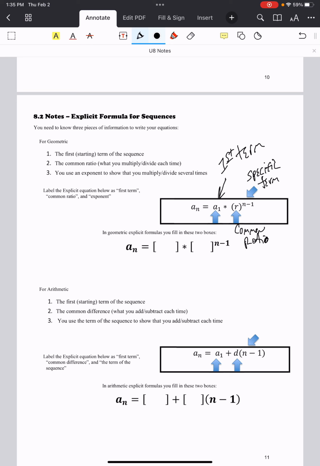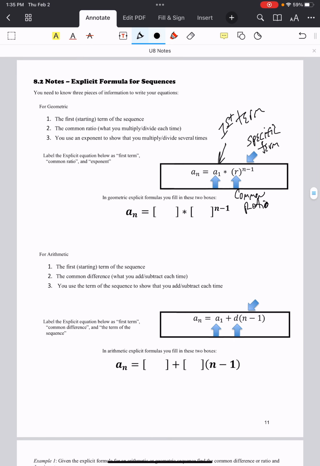And then here I've got my first term, common difference, and my specific term N. So far okay? Good. Now you can take 10 seconds and memorize those. Just kidding. You can make note to memorize them at home later. And I'll write them on the board for you today as we do some practice problems with them. You got it? Okay.